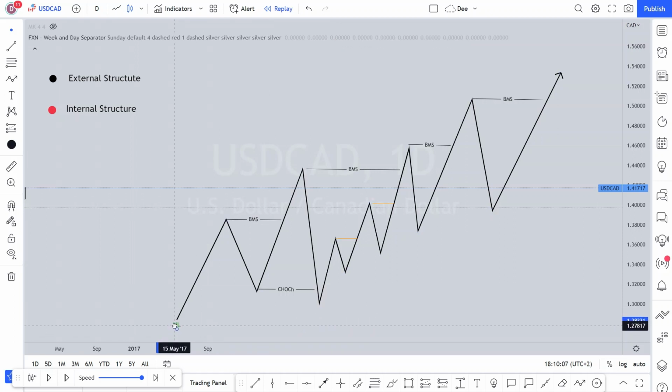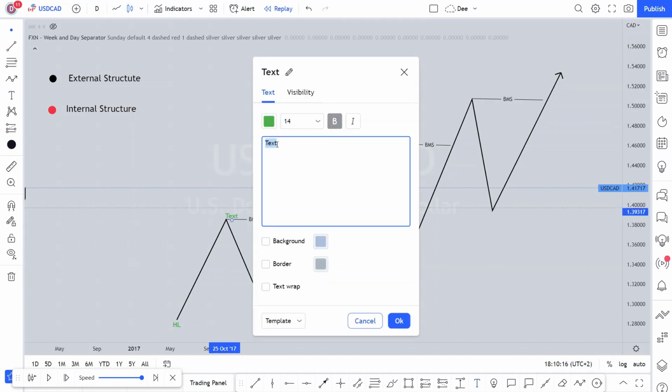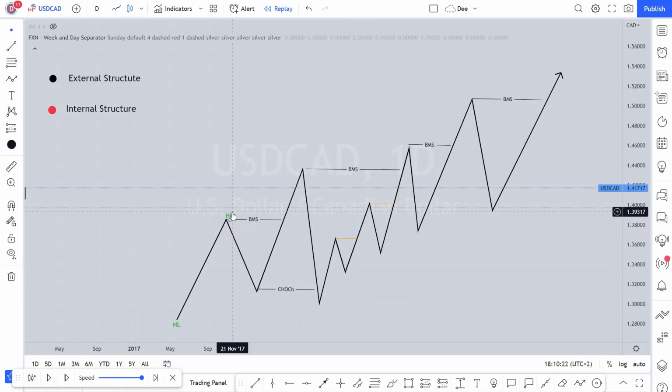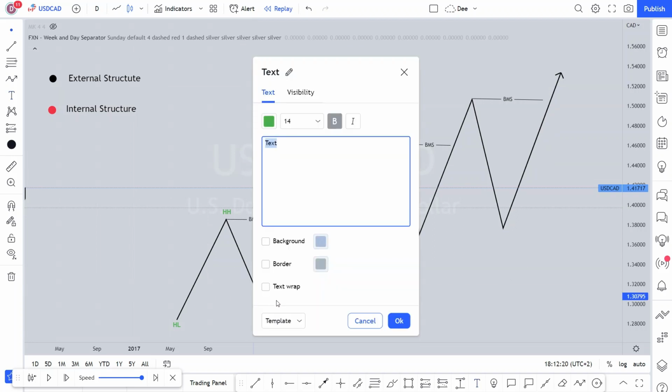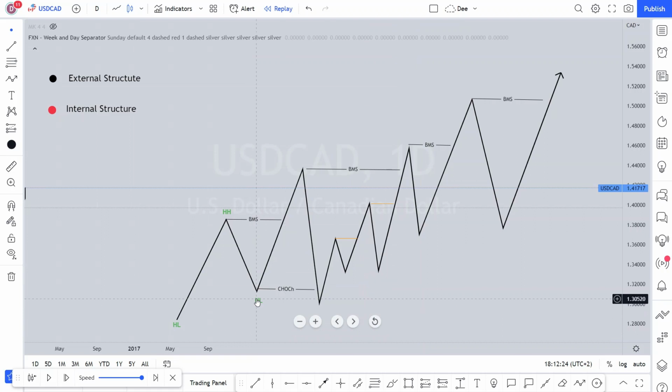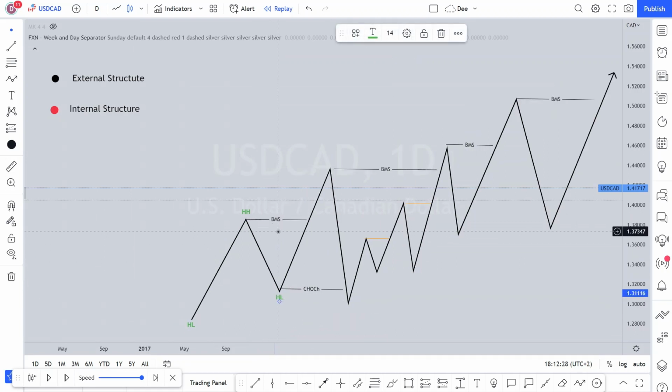If we label our swing points, this is a higher low, and this could be your higher high. And here is a higher low. This higher low was responsible for breaking the previous higher high.